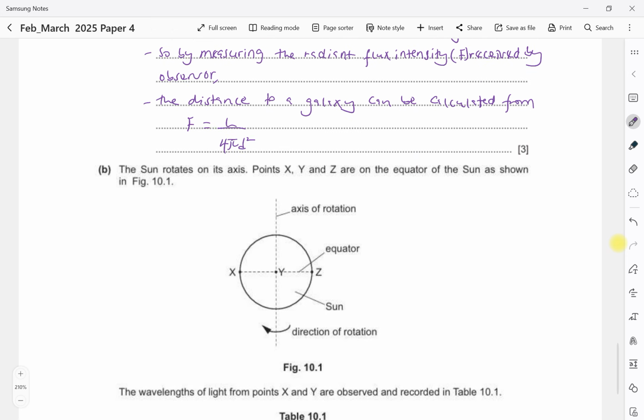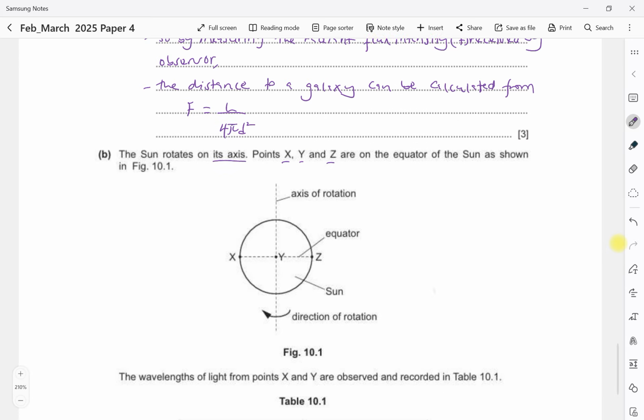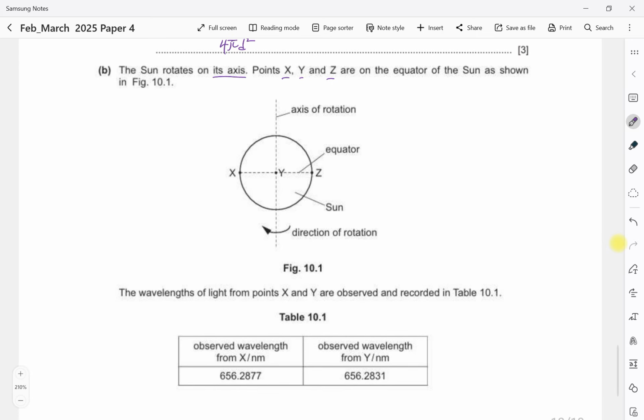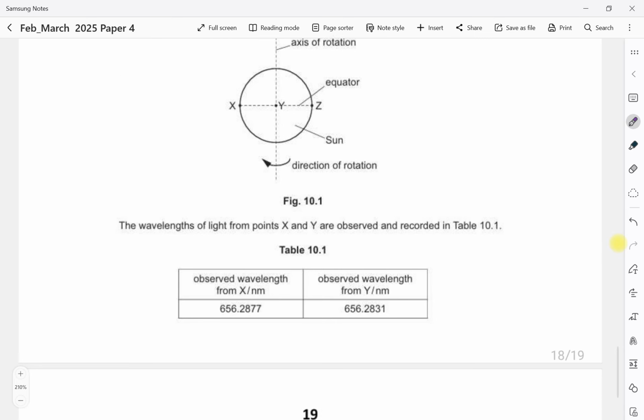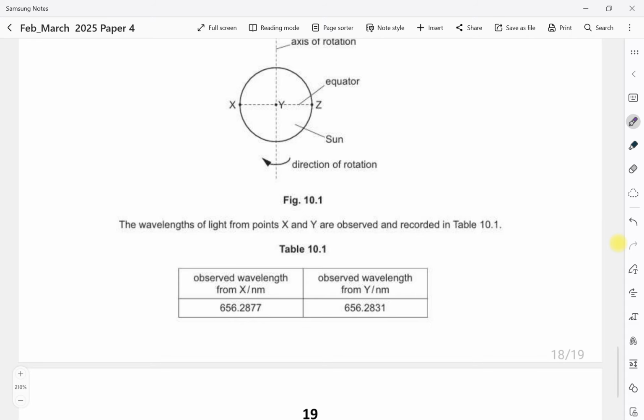The sun rotates on its axis. Points X, Y, and Z are on the equator of the sun as shown in the figure. So they are on the equator along the imaginary line drawn just above the Earth's surface on the equator. The wavelength of light from points X and Y are observed and recorded.